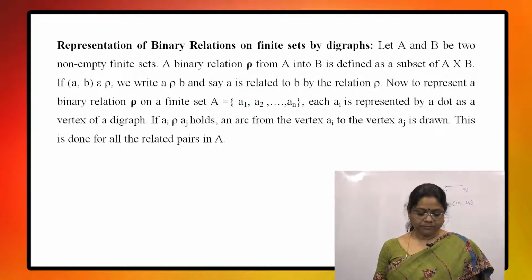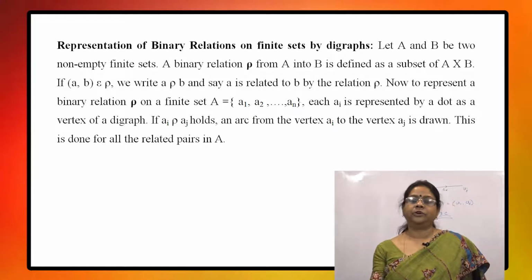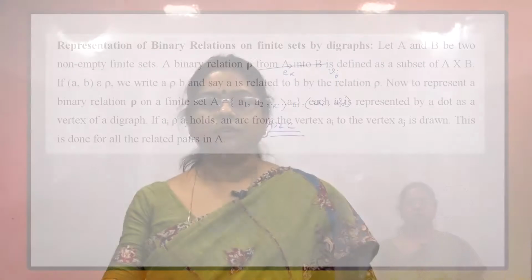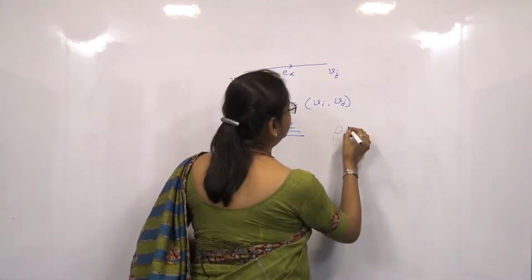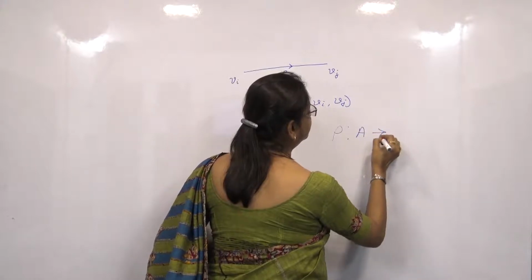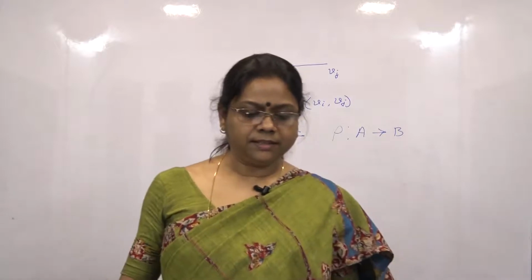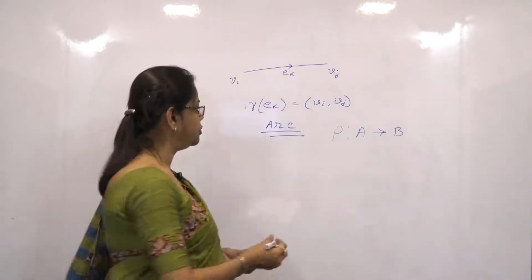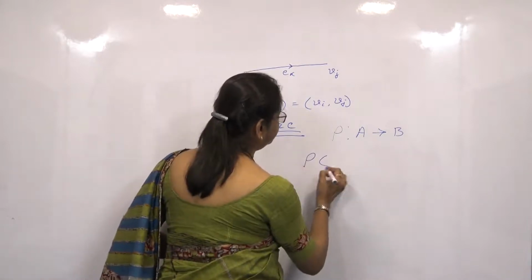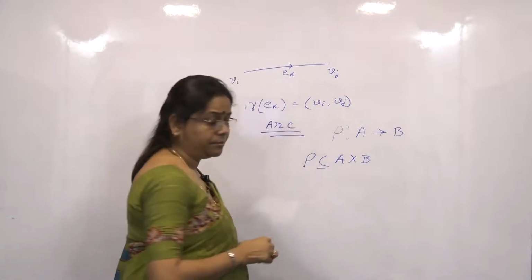That is, if A and B are two non-empty finite sets, then a binary relation rho from A to B is defined as a subset of the Cartesian product of A and B.